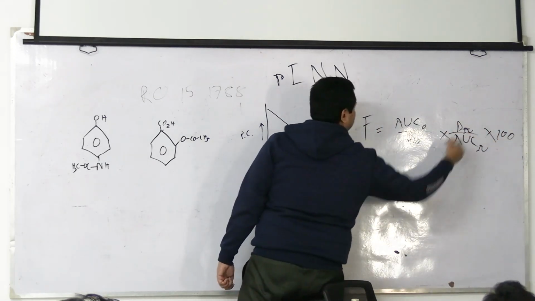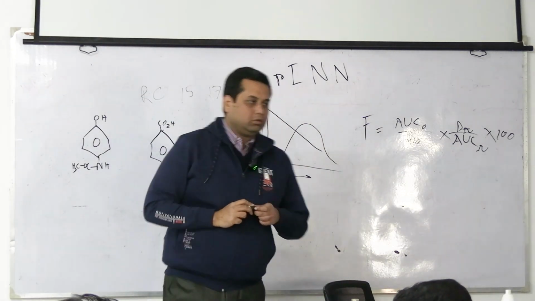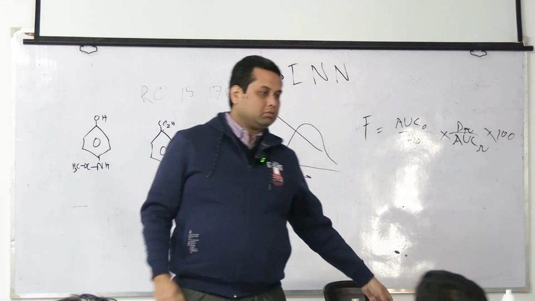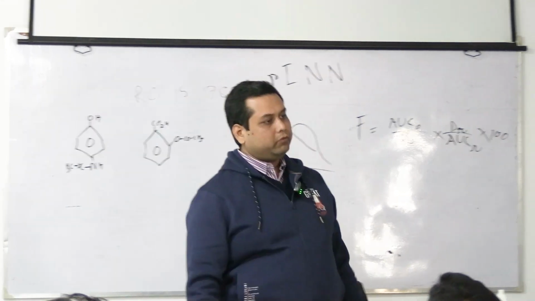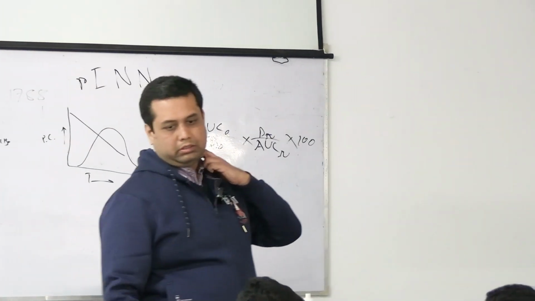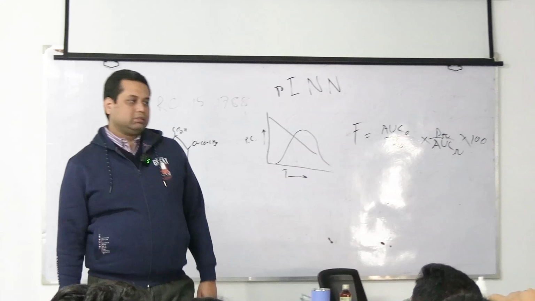These two are similar. So area under curve by oral route divided by area under curve of IV route, the percentage. Okay? Then we come to bioequivalence study.